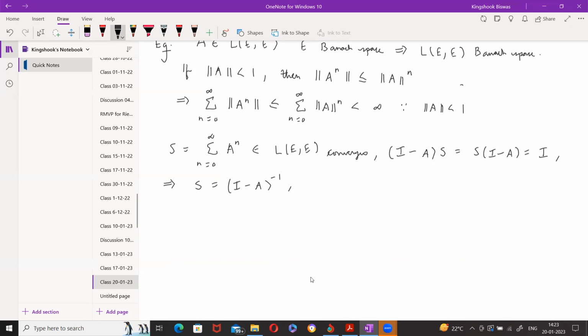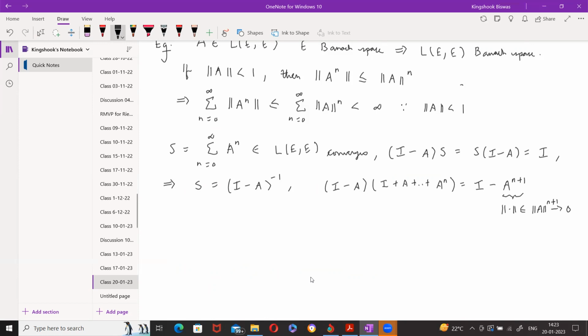I mean, what happens is if you take I minus A into a partial sum of this series, a partial sum will be I plus A power n. So when you multiply out, you'll get a telescoping series. So this will be I minus A power n plus 1, and the norm of this A power n plus 1 is less than or equal to norm of A power n plus 1, which goes to 0.